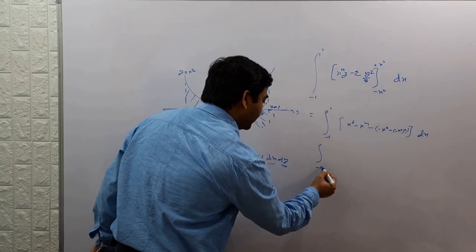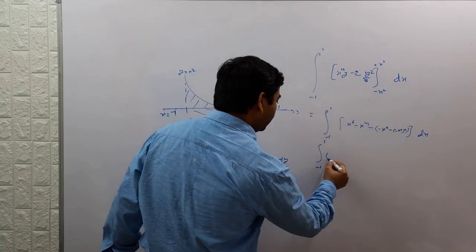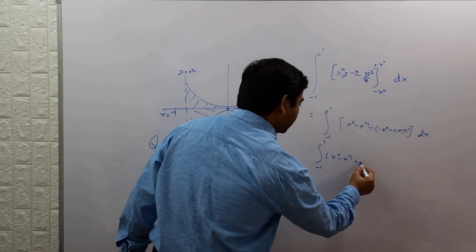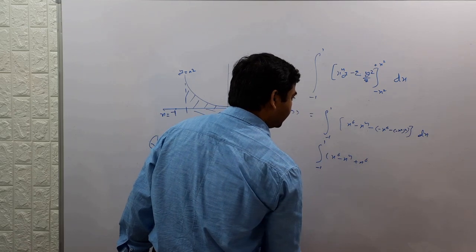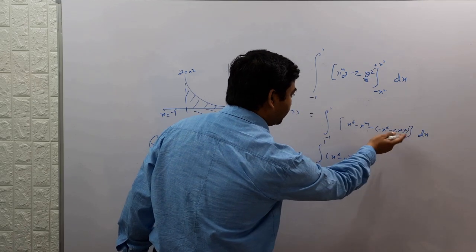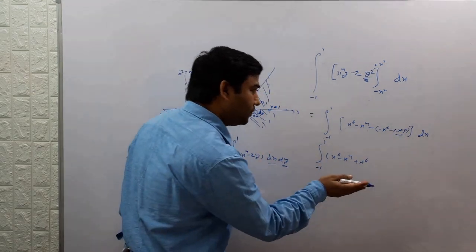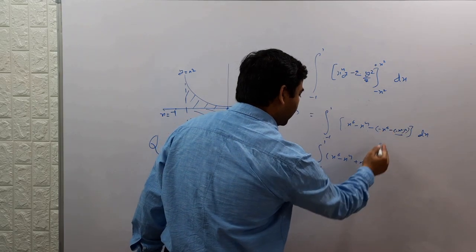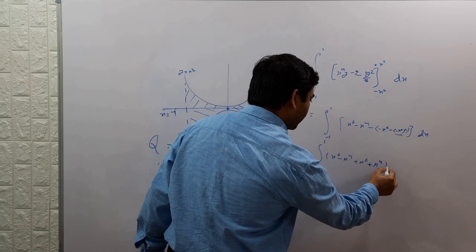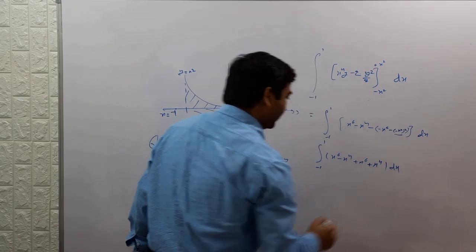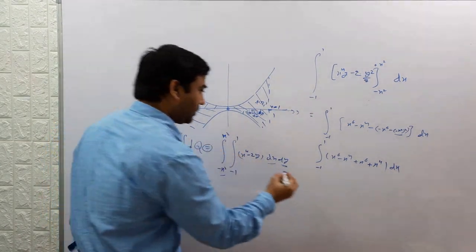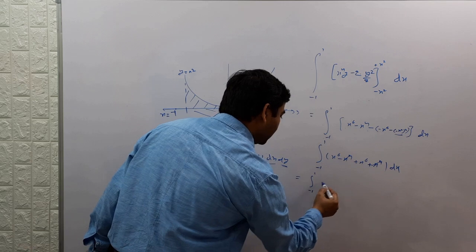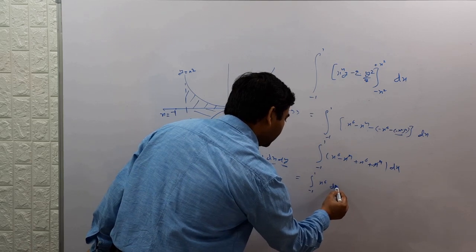So it will be -1 to +1, x to the power 6 minus x to the power 4 plus x to the power 6, and this is positive, negative, positive, dx. Now it is integration -1 to +1. These will cancel. x to the power 6 dx.